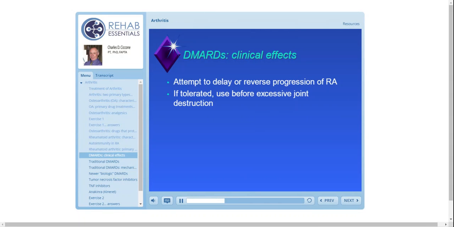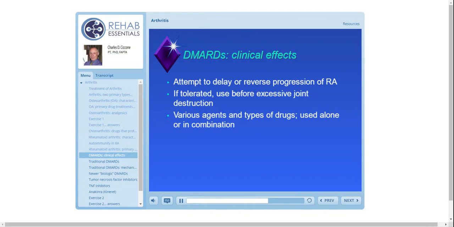And these are, again, important drugs, but they do come with many side effects. We'll focus on some of these. If they are tolerated well, the idea is to start them as early as possible, because it makes much more sense to do that than wait until there's already been a lot of joint destruction. If they actually are going to do what the name says, delay the progression, then clearly it would be better to start these drugs earlier in the course of the disease.